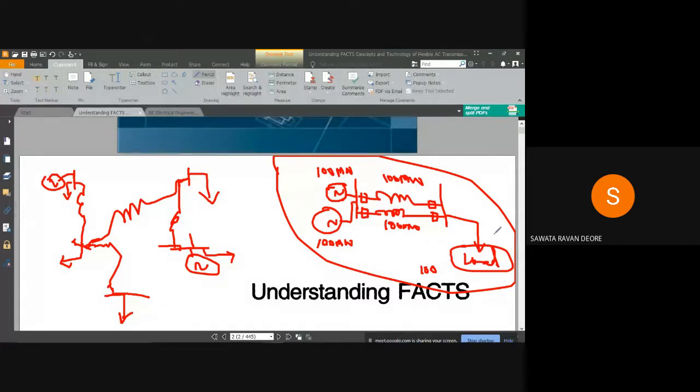Obviously, if we want a more reliable system, then we need an alternate source of supply, an alternate transmission network, and so on. Further, here we are illustrating it only for the transmission level. We are not going into the distribution level.